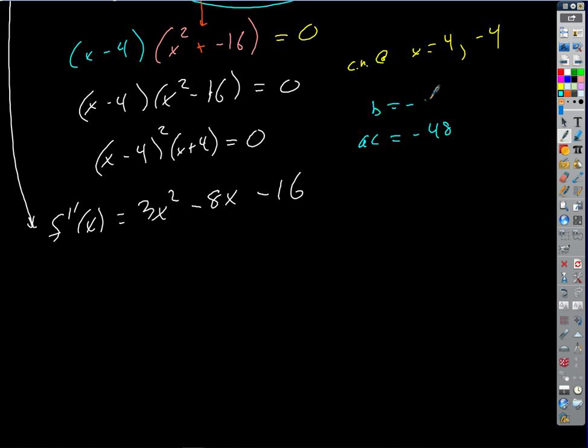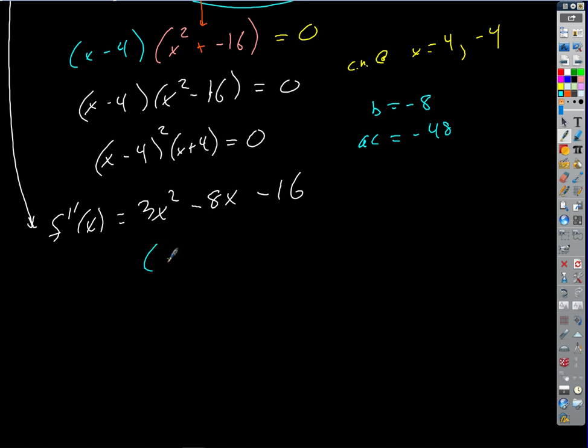B is -8. Can you find factors of -48 that add to -8? I bet we can. Oh, yeah. 12 and 4. There you go. So -12, +4, right? So we could go bottoms up, so we know that our magic numbers are -12 and 4. Should we go through one of these? This is pretty good practice, good review.